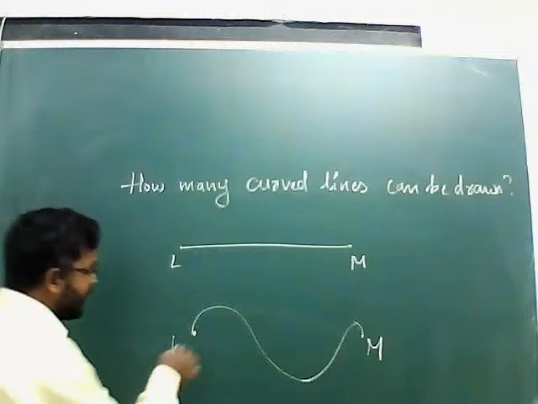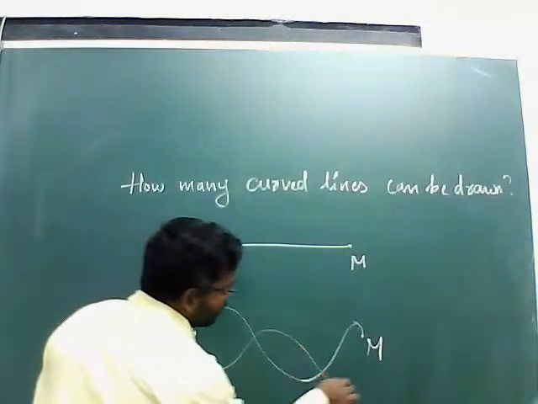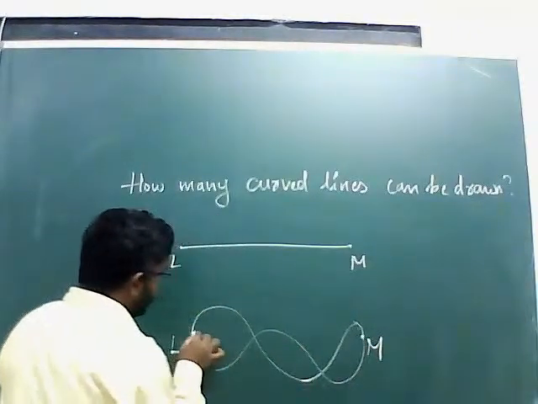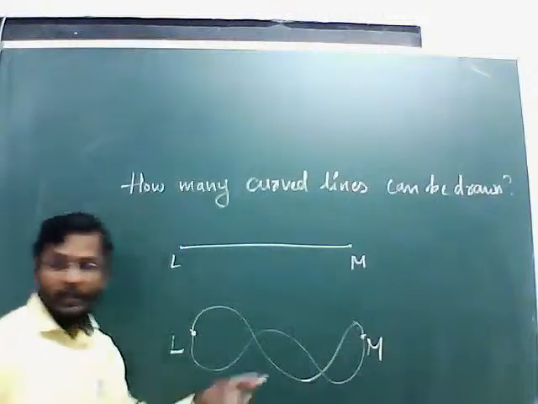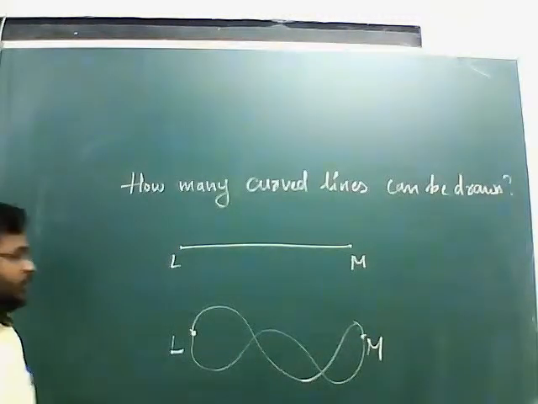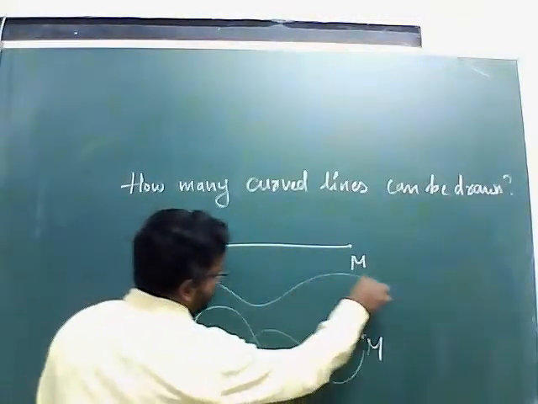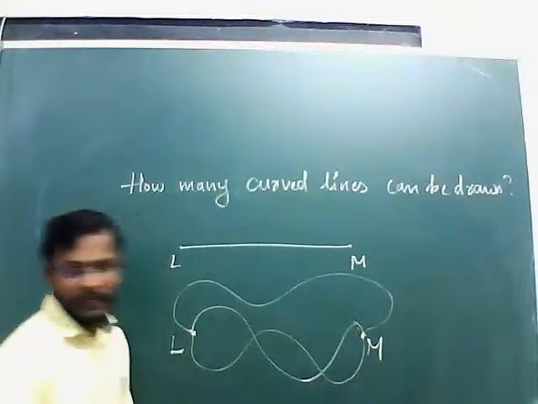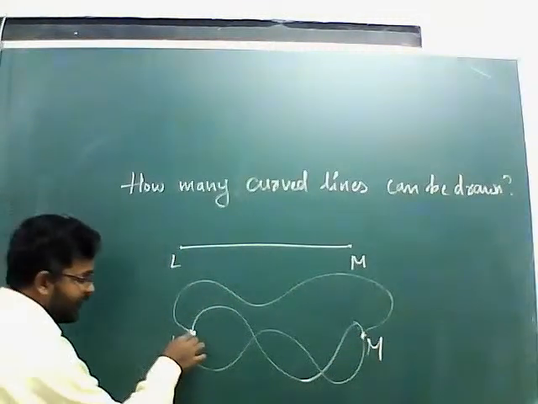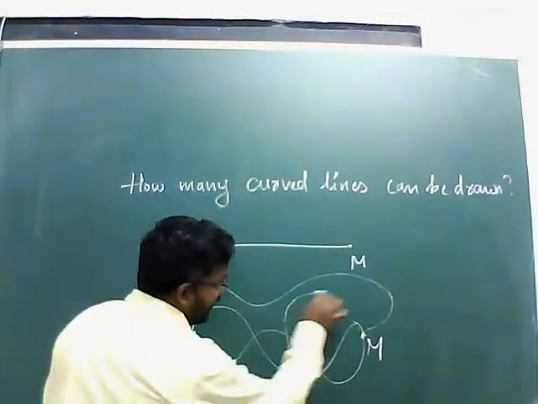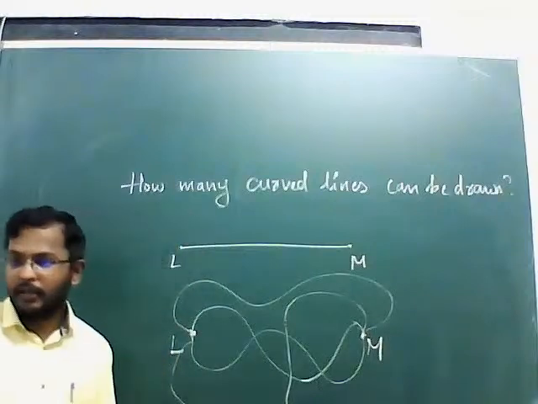I can draw a curved line like this also. Still they are meeting at L. It is starting from L and ending at M. I can go from here and this is also a curved line. I can start from here, go in any direction and I will get here.